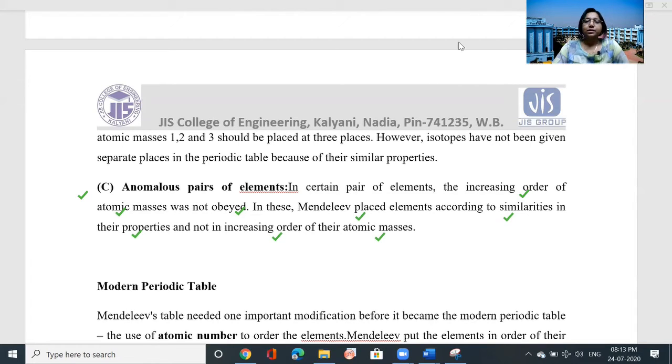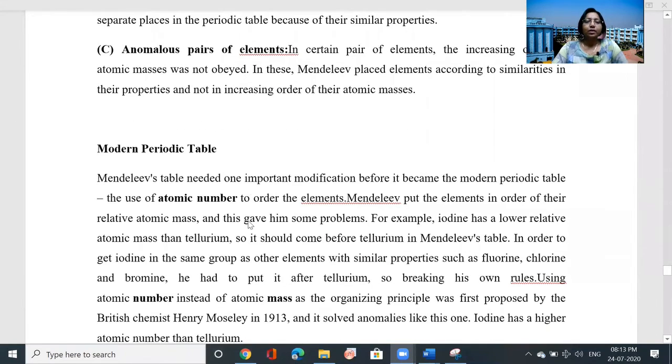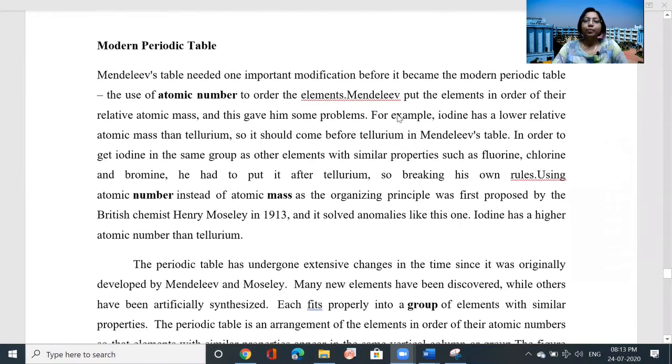So next, the modern periodic table. Mendeleev's table needed one important modification before it became the modern periodic table. The use of atomic number to order the elements, that is the most important. So this modification was required, that is the atomic number.